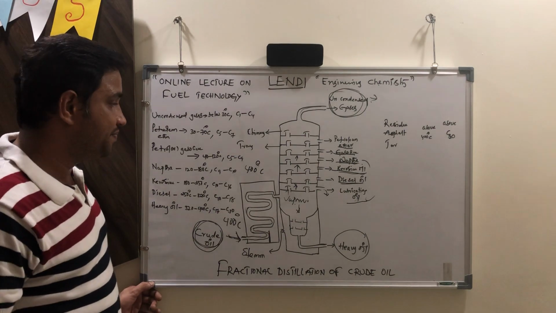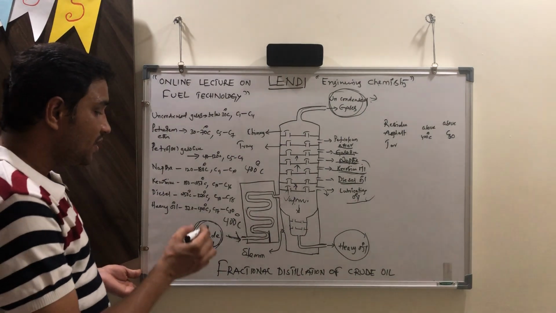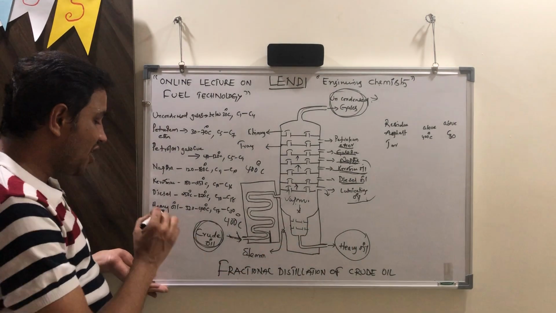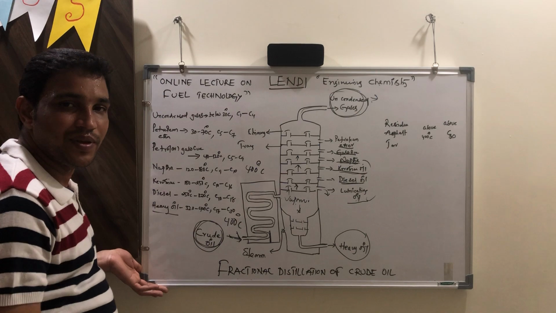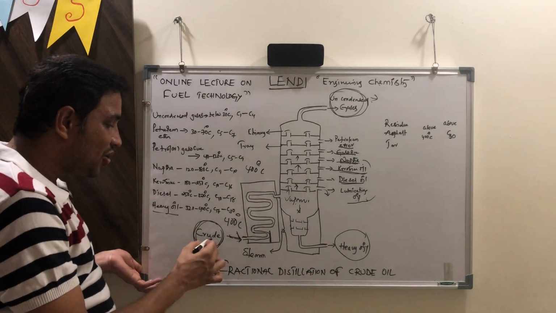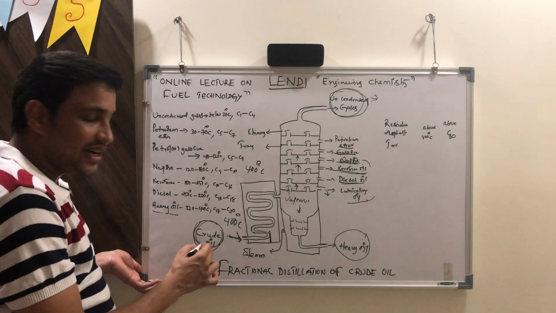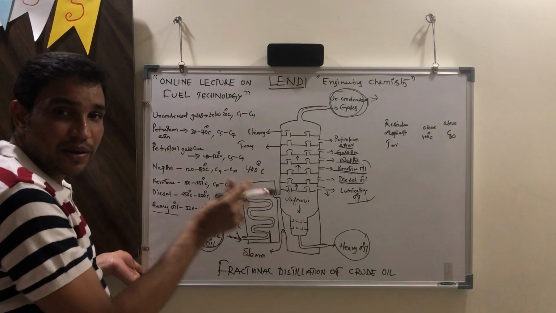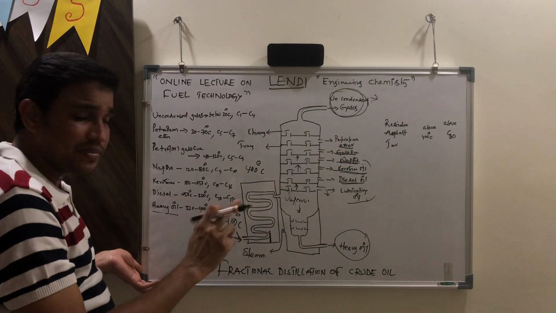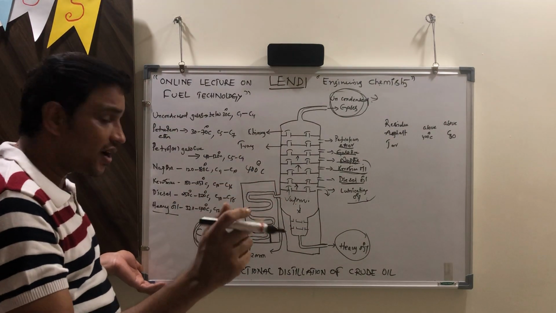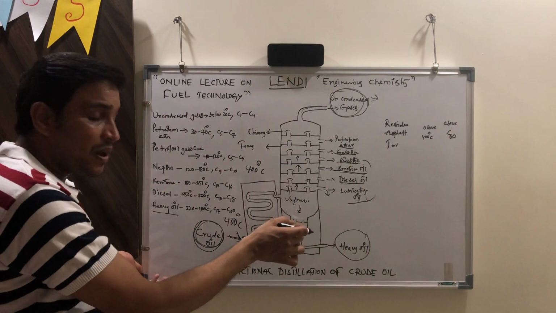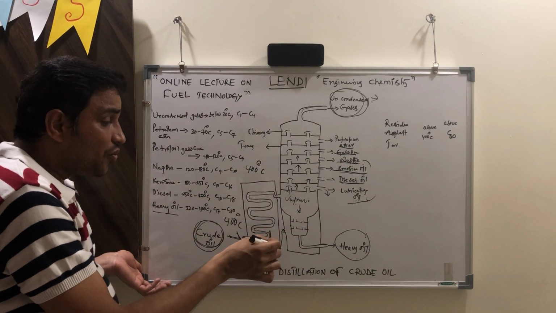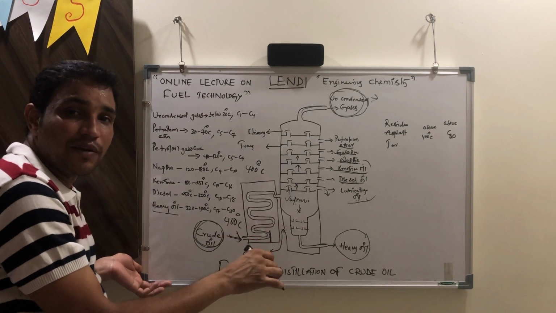If you see, the one that first comes in the fractional distillation column is heavy oil. Initially the temperature of the crude oil is 320 to 400 degrees Celsius. When the vapor enters the fractional distillation column, between 320 and 400 degrees Celsius, some fractions of crude oil will become liquid, right? Which fractions will become liquid? That is the question.